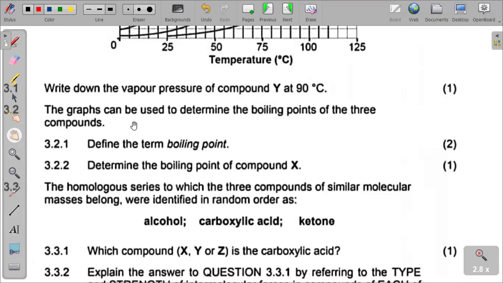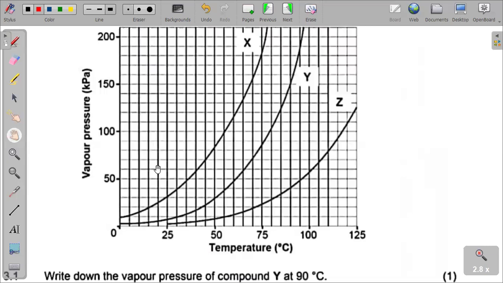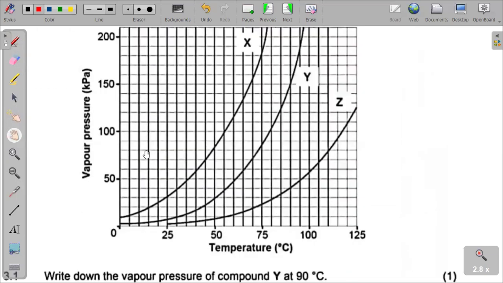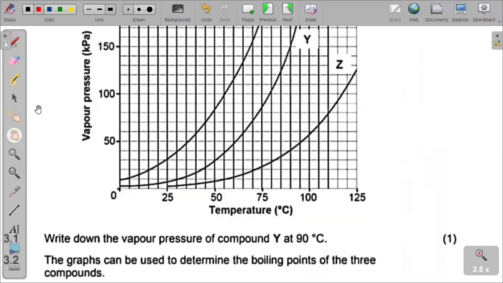Determine the boiling point of X. Remember, we had been told that atmospheric pressure is 100 kilopascal. So when the vapor pressure is equal to 100 kilopascals, that's when we have reached the boiling point. So what we simply do is we go for X, we go to 100, draw a line with a ruler straight until we reach X, then we go down.